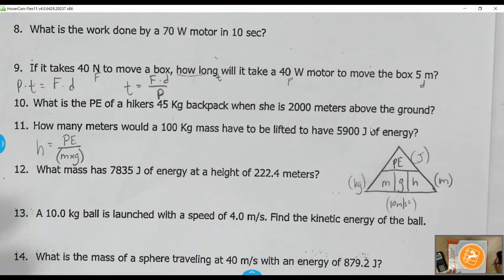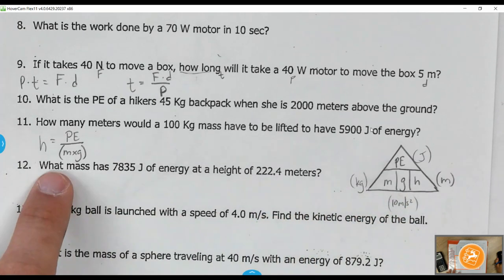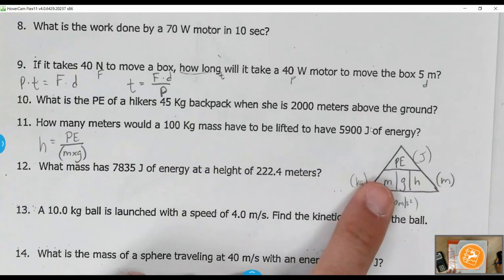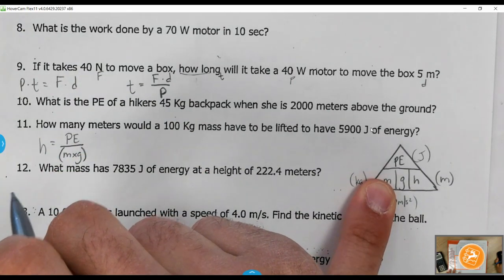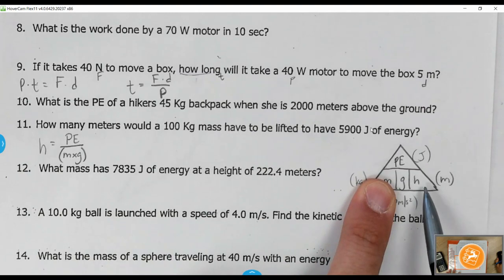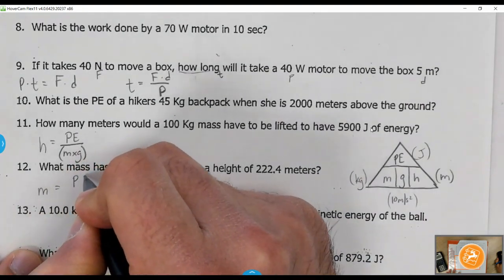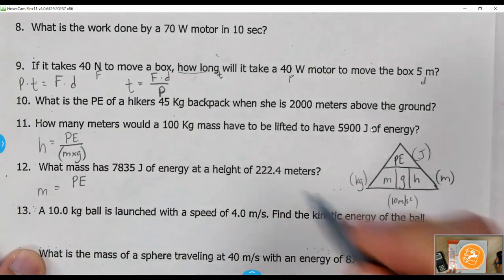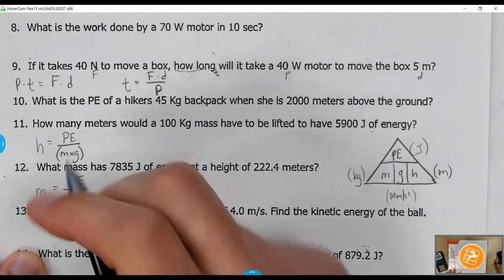So make sure you guys have that jotted down. Vice versa, you have joules of energy and you have height. They want to know mass. So if I cover up m, what does m equal? Correct. It would equal potential energy divided by gravity times height.